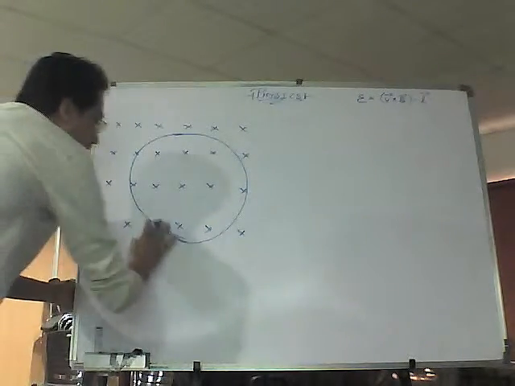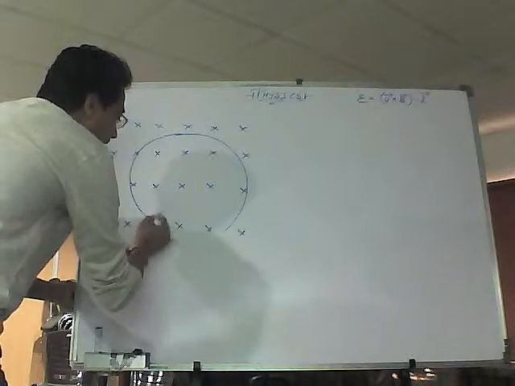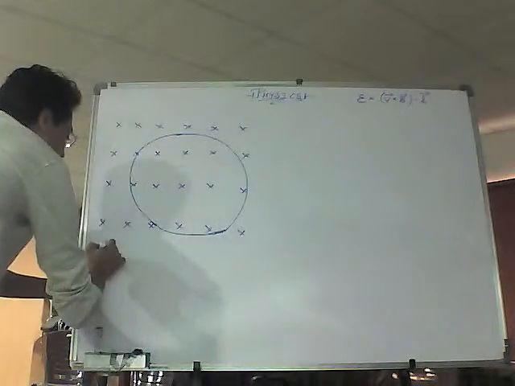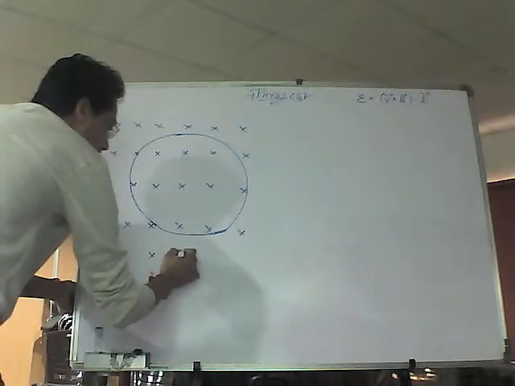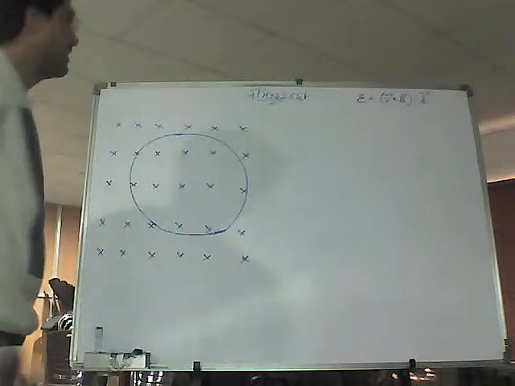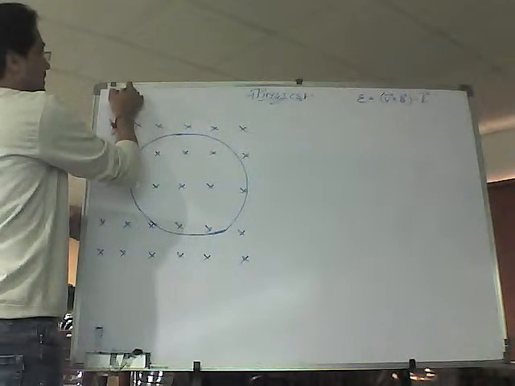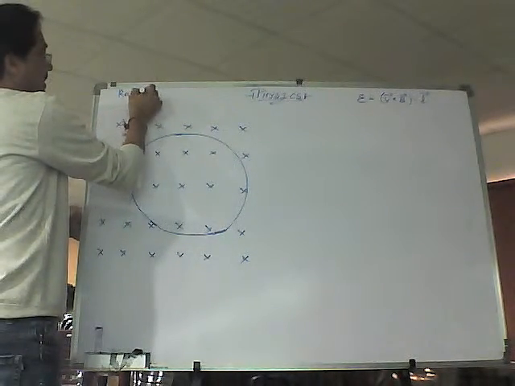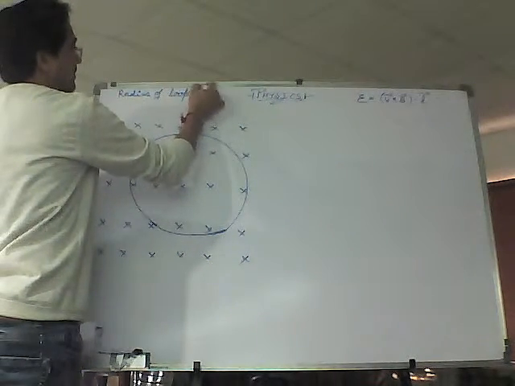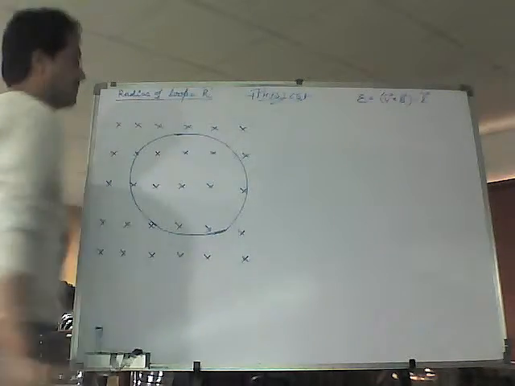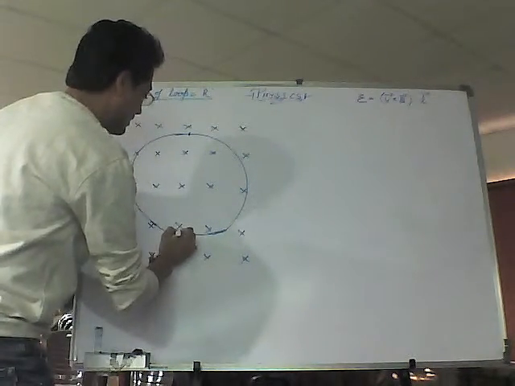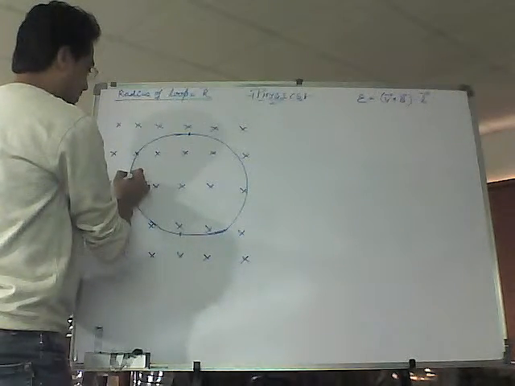Now we have a circular loop in such a way, radius of the loop is say r. Radius of loop equals r. ठीक है, here you have diametrically opposite points.